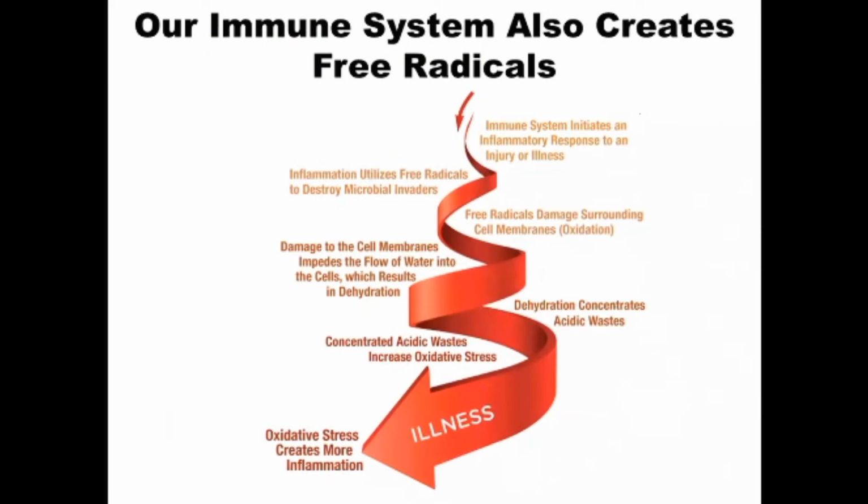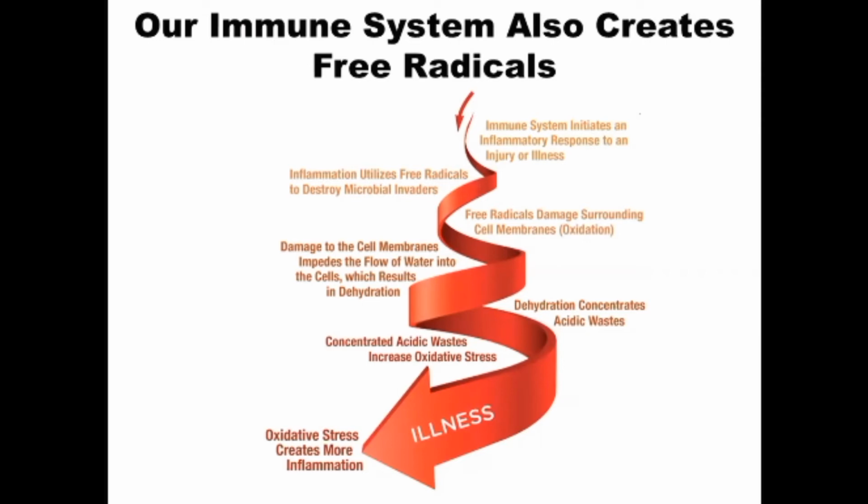Now, here is the illustration, and it comes from the book Turning Back the Hands of Time. Our immune system also creates free radicals, and this is how it happens. Our immune system initiates an inflammatory response because we've got an illness or we had an injury. And that inflammation utilizes the free radicals that we talked about to destroy those microbial invaders.